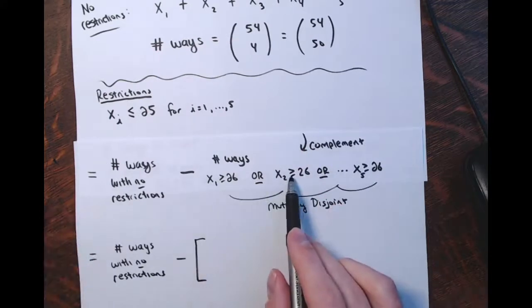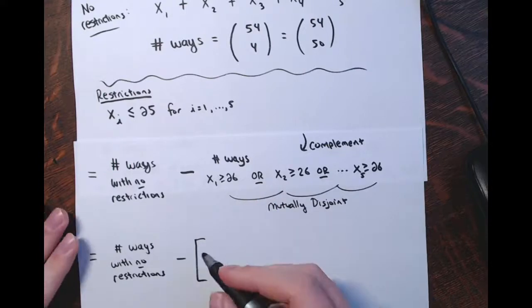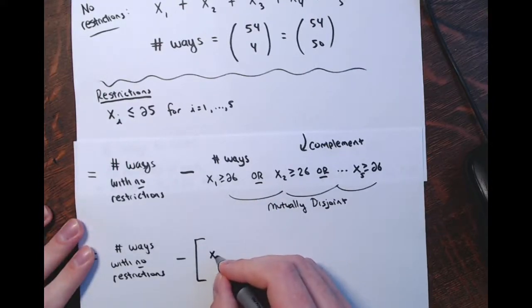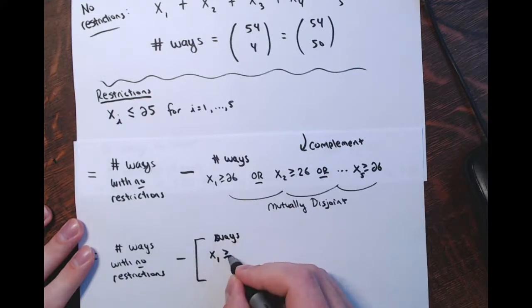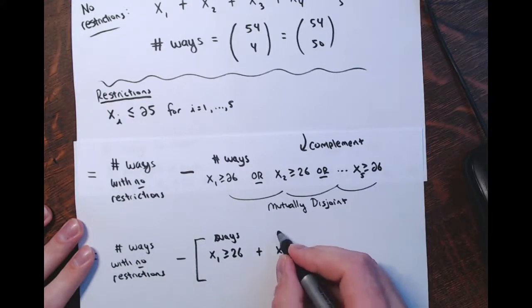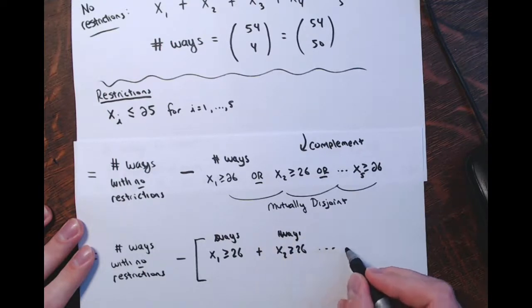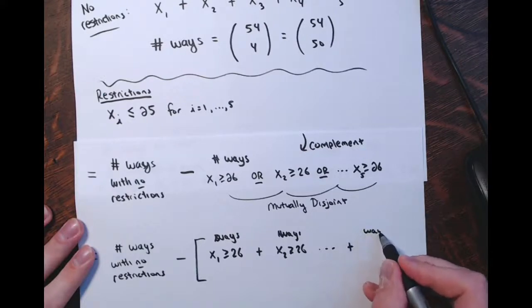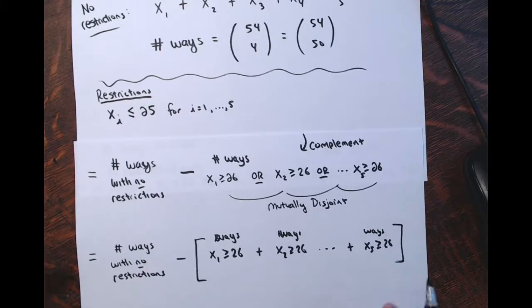But again, because all these 5 sets are mutually disjoint, I just have the number of ways to order at least 26 of the first variety, plus the number of ways that x2 is greater or equal to 26, and these are really all the same thing, plus the number of ways that x5 is greater or equal to 26. But really, I just need to find one of these and multiply it by 5, because it doesn't matter which variety. All these will give me the same number.